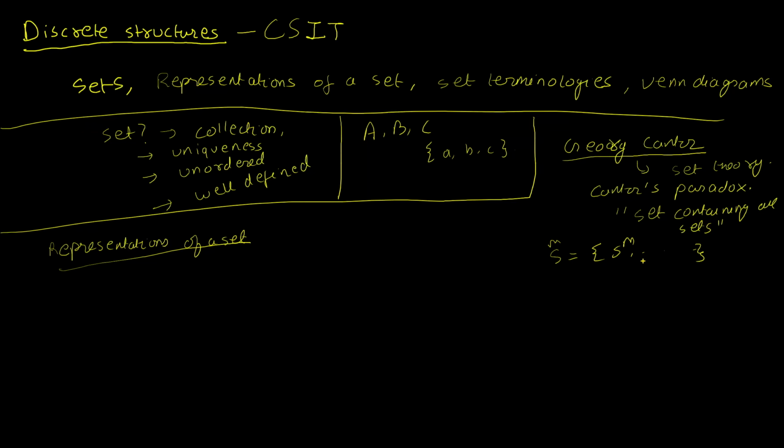It's a new set that I've created, and this new set again has to be included. That goes on, and it doesn't resolve. That's why a set containing all sets cannot exist. Now, if I choose not to include this element, then it is not the set containing all sets, because it does not contain the set containing all sets, so to speak. So it's quite a play of words, but it's also quite interesting.